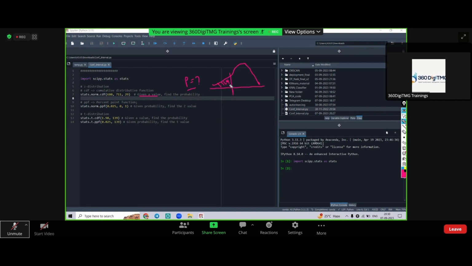Let's say this P I need to calculate. Given a value: 680 is my x, then mean has been given, mu, which is 711, and sigma is 29. Given these values, I will calculate the p value.